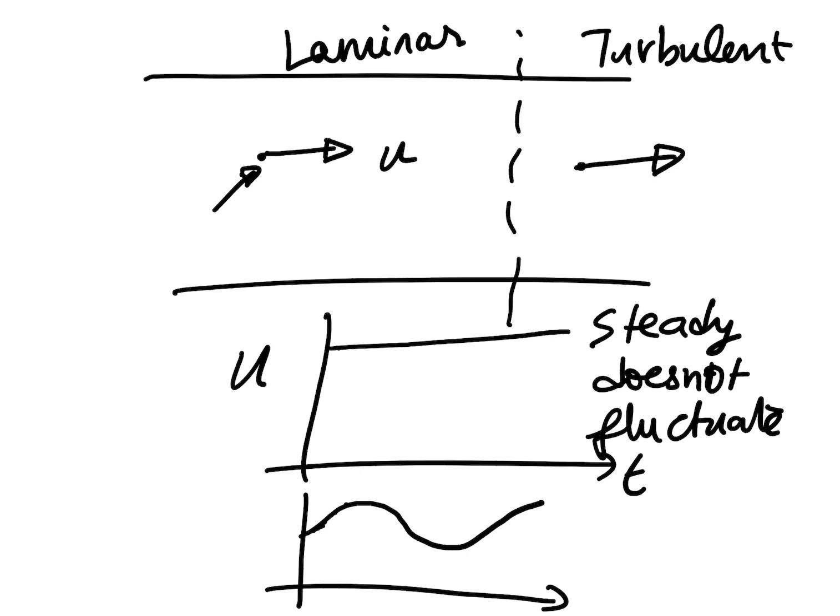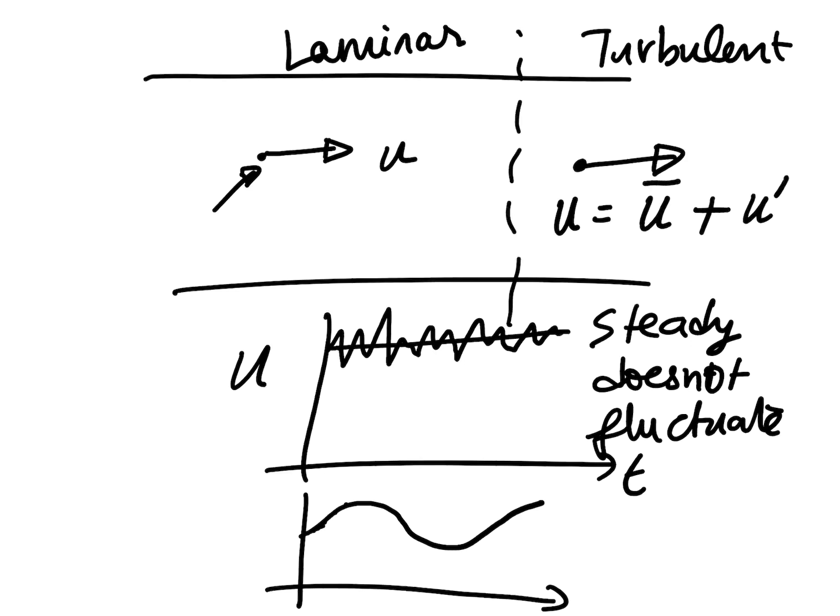Contrastingly, in a turbulent flow, the velocity at that point is composed of not just a steady portion but also a fluctuating noise component. So the velocity u at this point is composed of a mean or steady component and a fluctuating component.